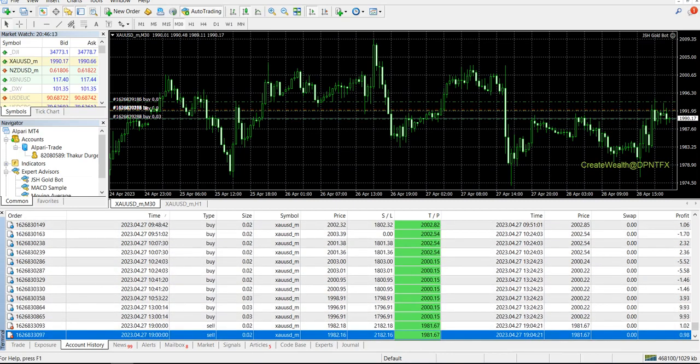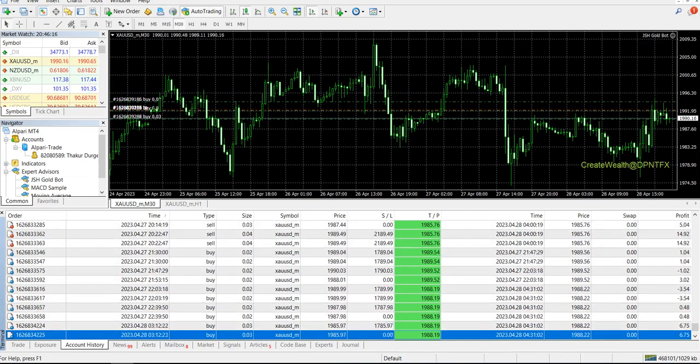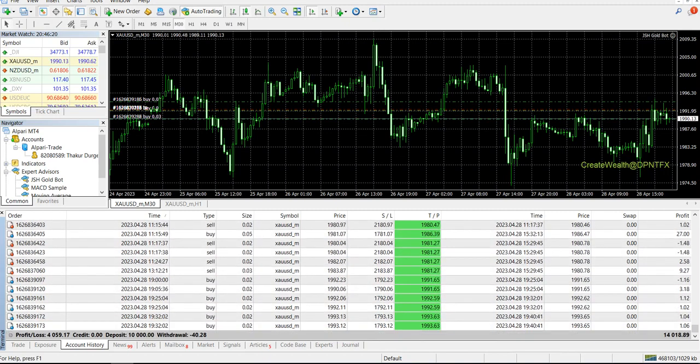We need 2 digits after the decimal in gold. Here we are using 2 digits, as you can see. So we need only brokers who have 2 digits after the decimal, and UTC+2.